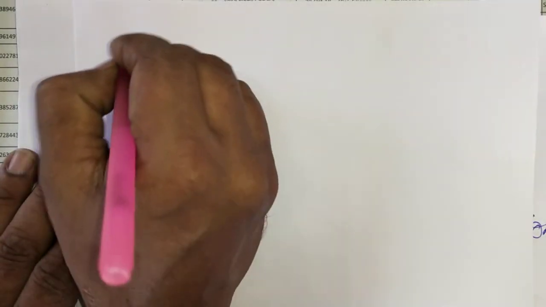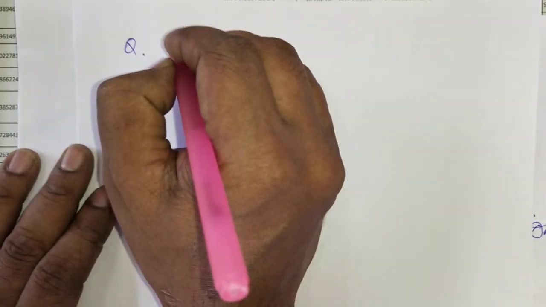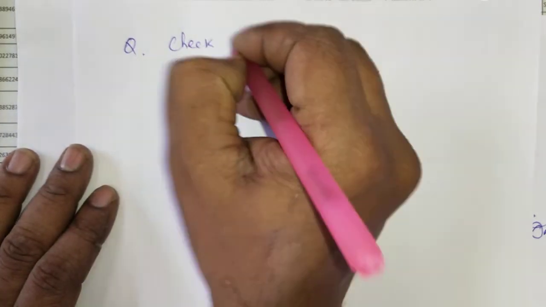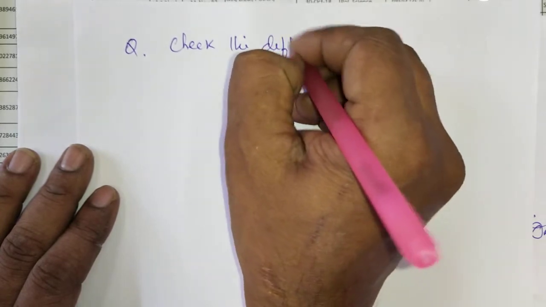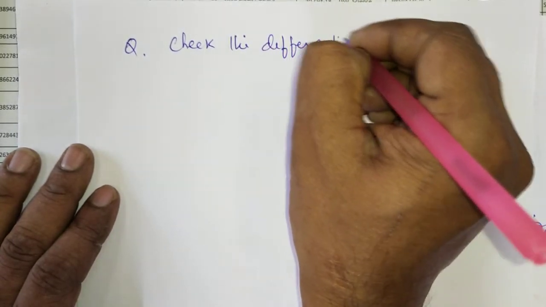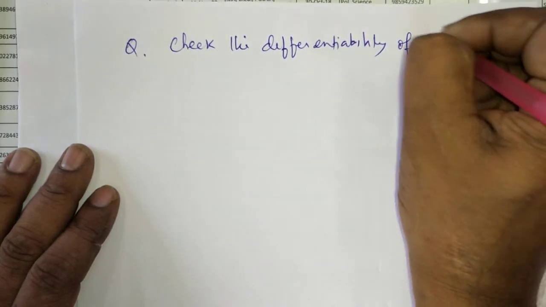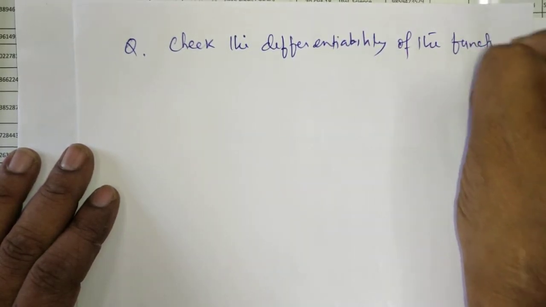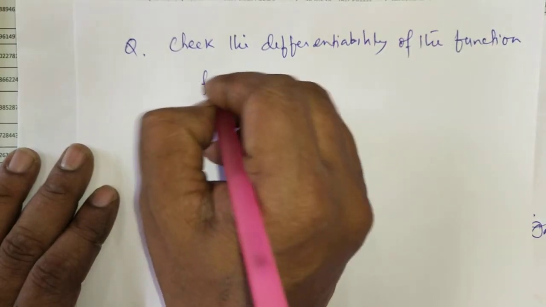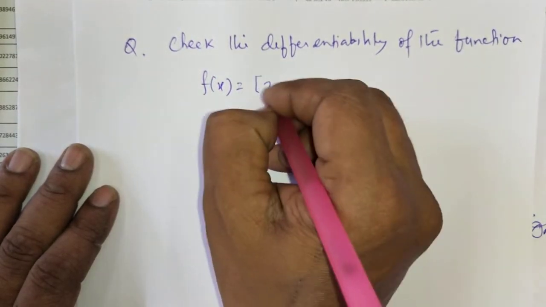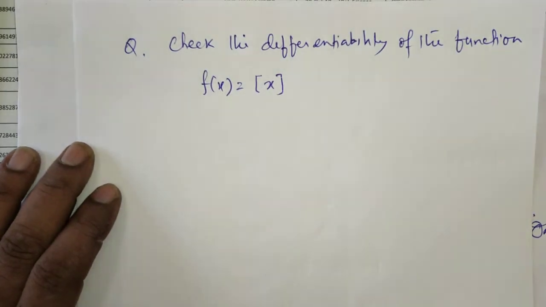Okay, question is, check the differentiability of the function f(x) is equal to box x, which is a greatest integer function.